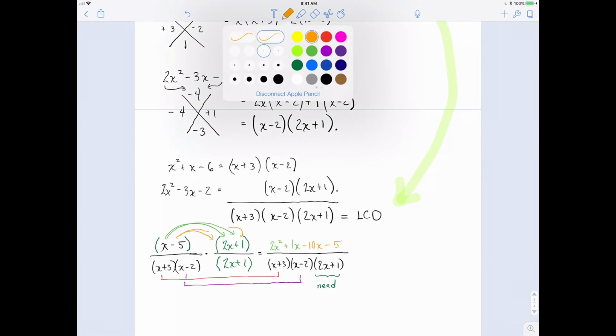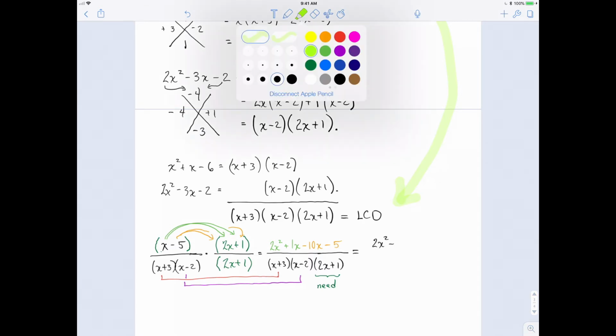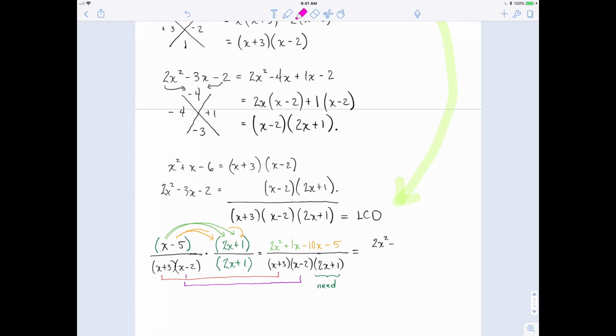Then, if we clean this up, we get 2x squared plus... nope, not plus. Notice that my like terms are 1x and minus 10x, and if I combine those, that's going to be a minus 9x, minus 5 over the LCD.